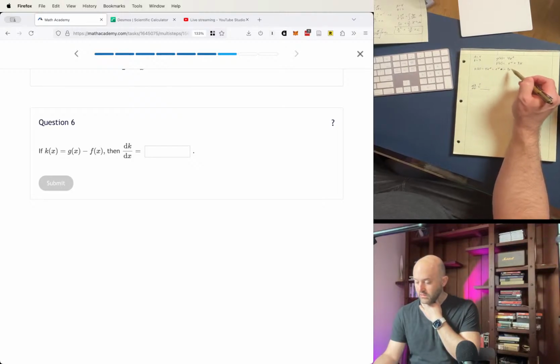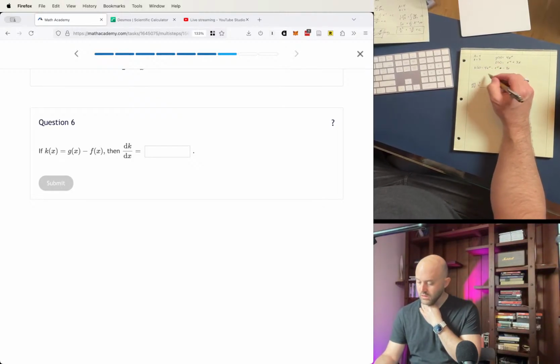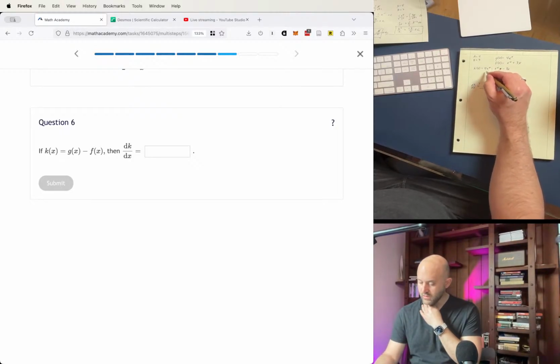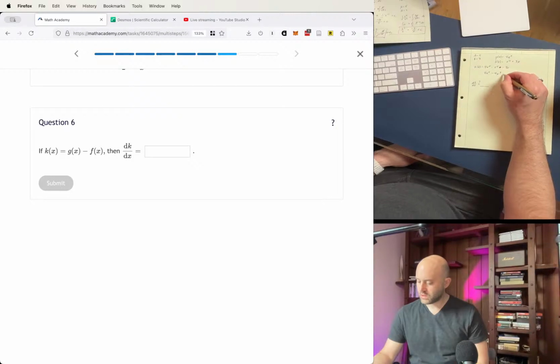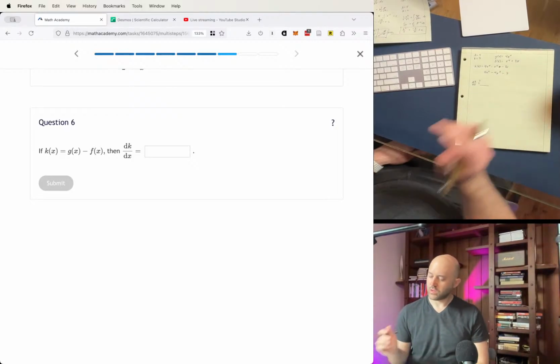So 4e to the x minus x to the 4th minus 3x, d dx. Okay, so this is all separable in a nice way, so this is just 4e to the x minus 4x cubed minus 3.